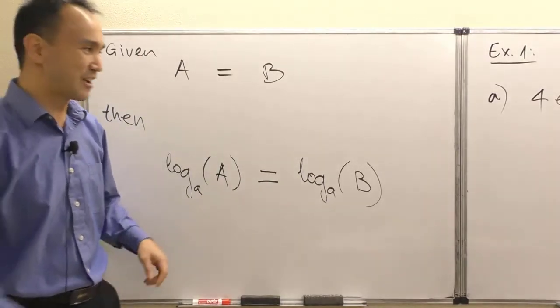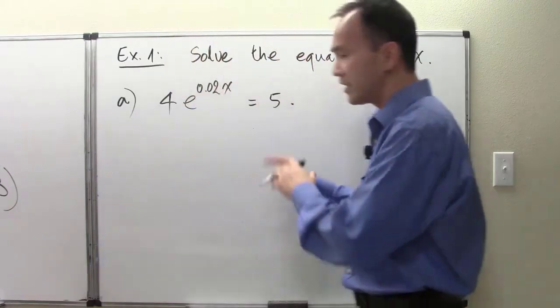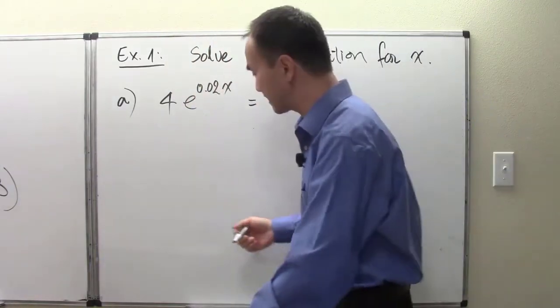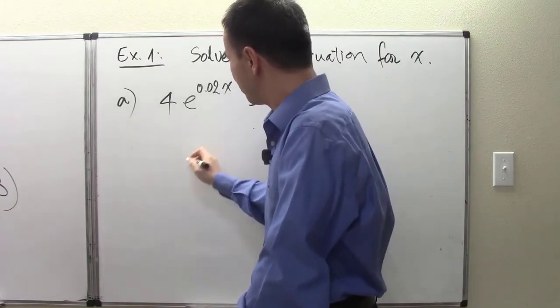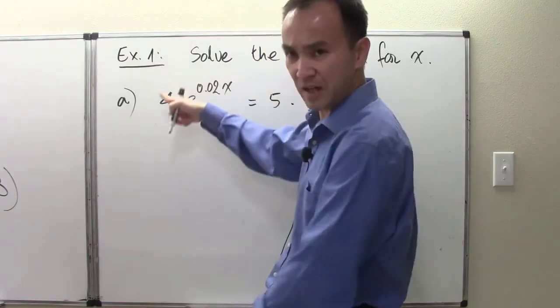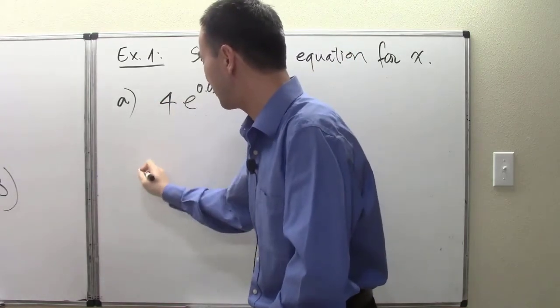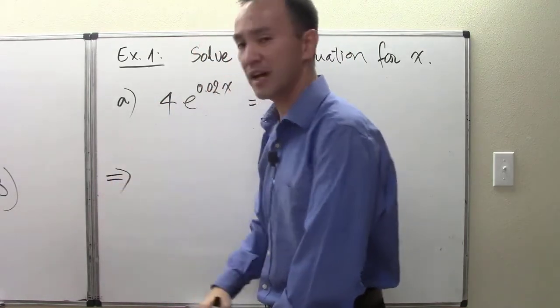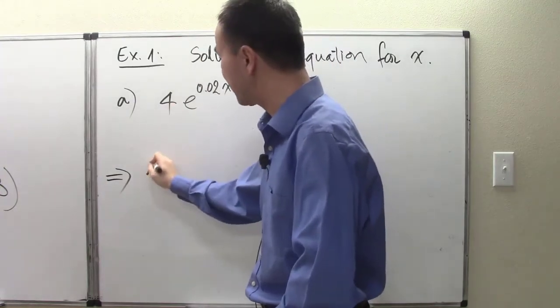Okay, and so in this equation, here's how I apply that understanding that we just picked up. All right, so if this is what we want, then I'm going to use an arrow indicating the next step: taking log.